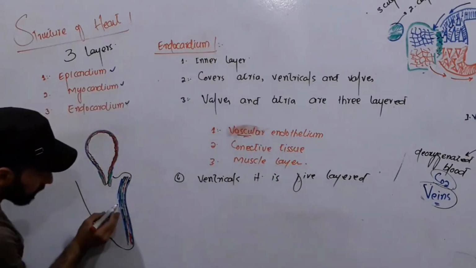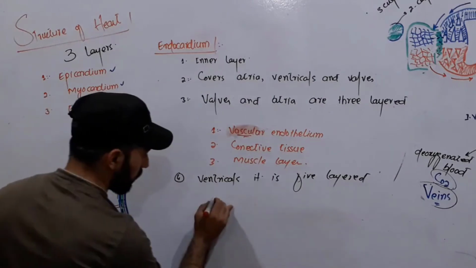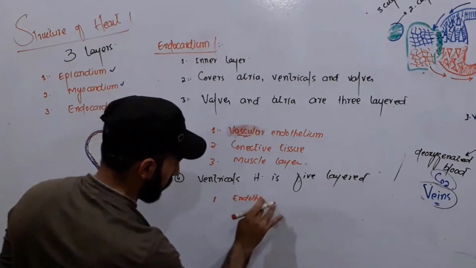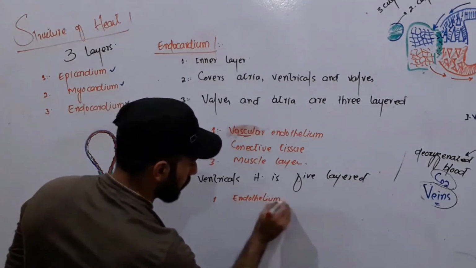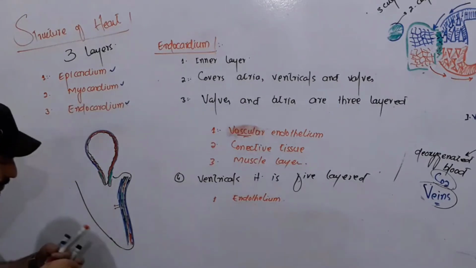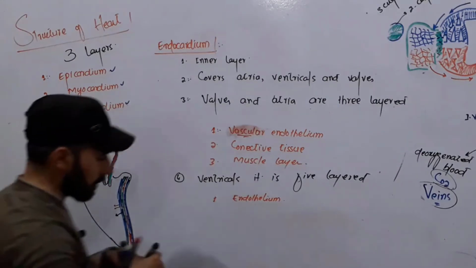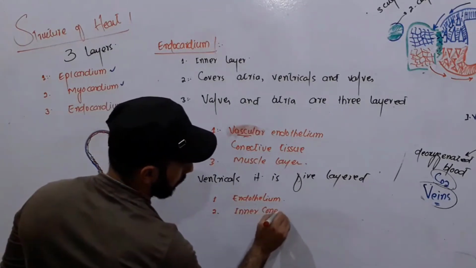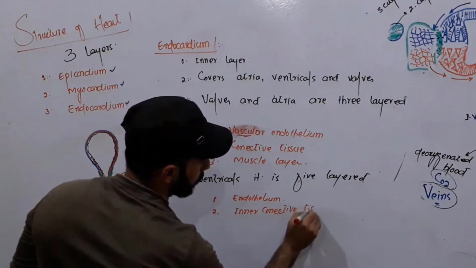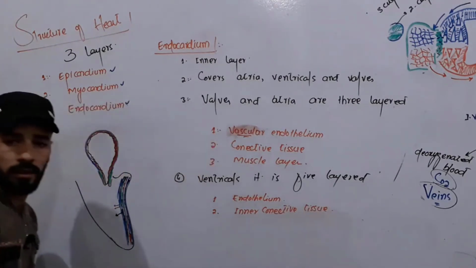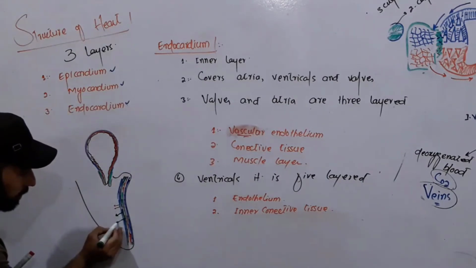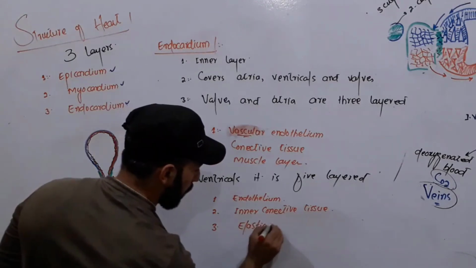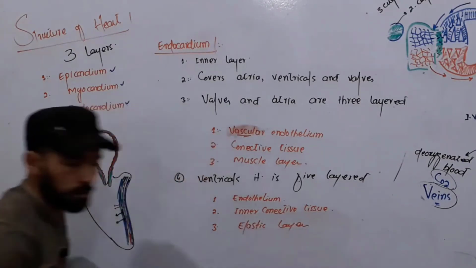What are those five layers? The innermost is the endothelium, right? Then the second layer is the inner connective tissue layer. The third one is the elastic layer, right?